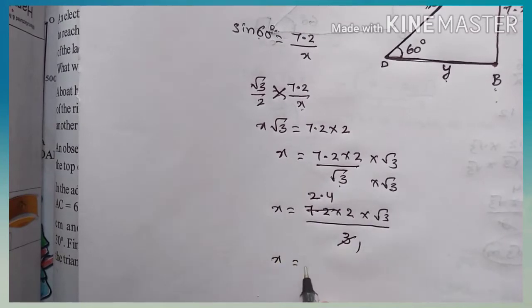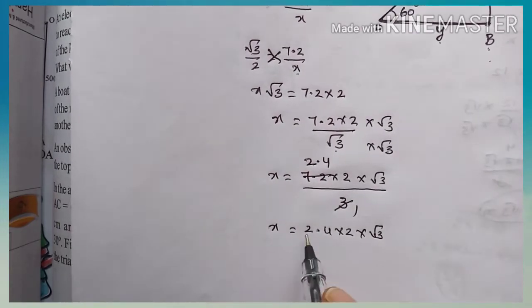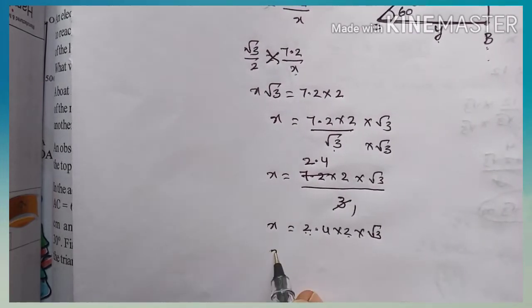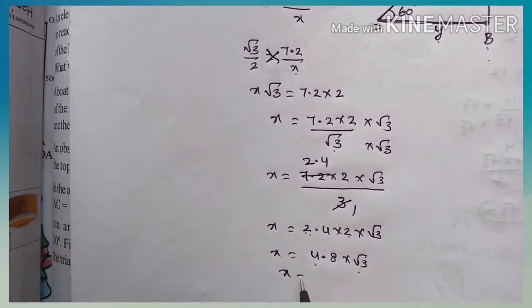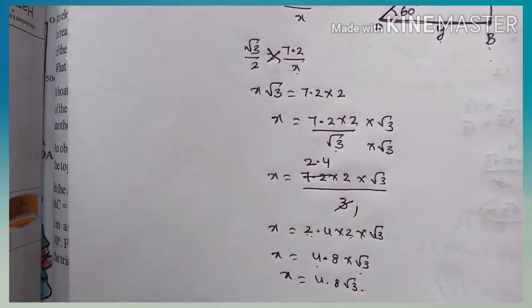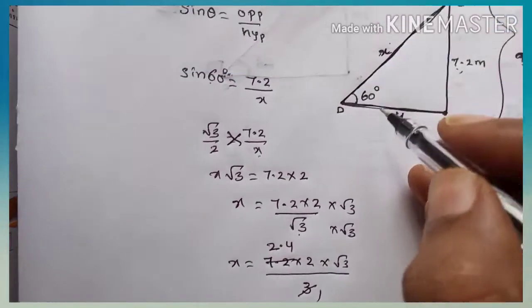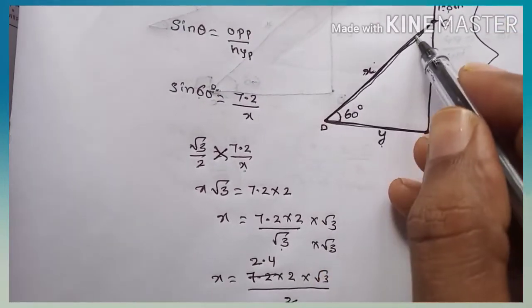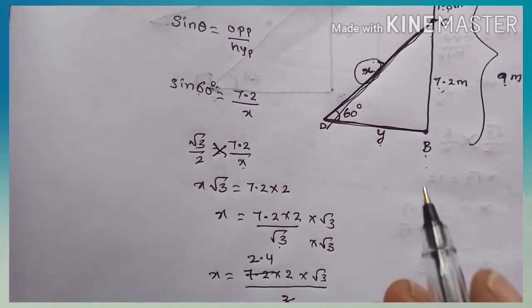So the value of x is 2.4 into 2 into root 3. 2.4 into 2 is 4.8. So the value of x is 4.8 root 3. This value of x is the length of the ladder, x equals 4.8 root 3.